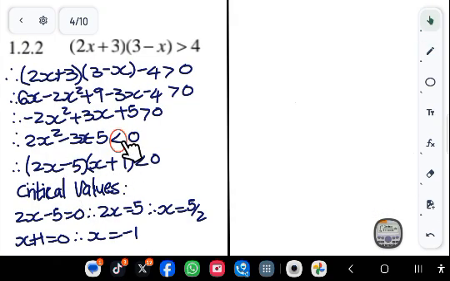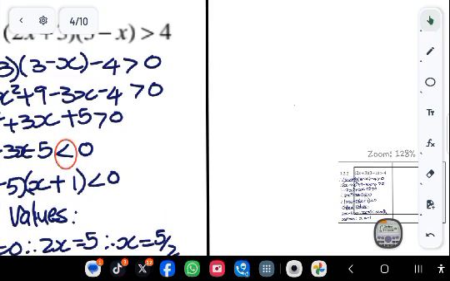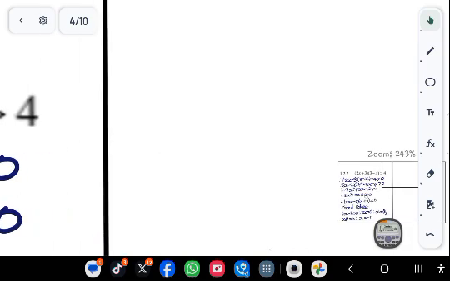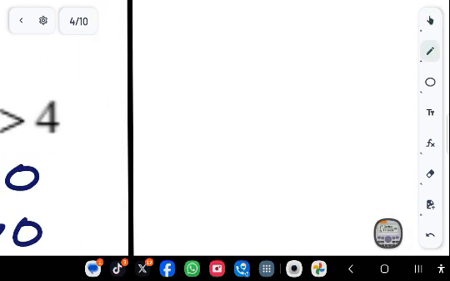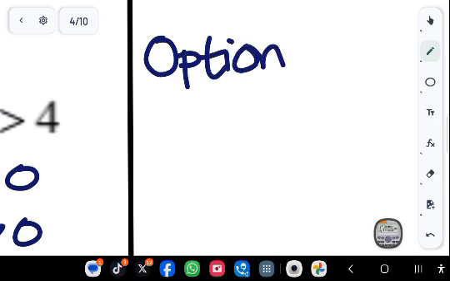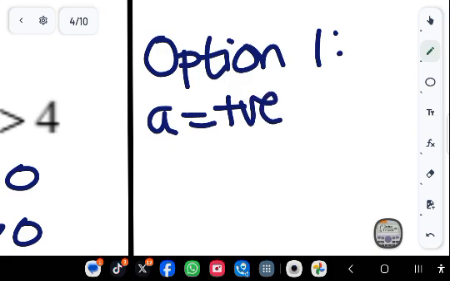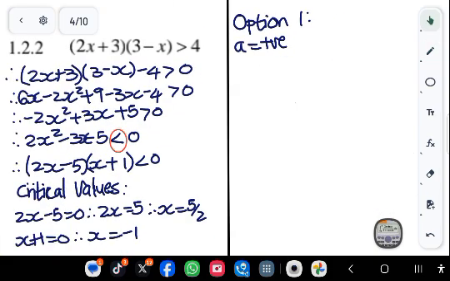Okay, the first scenario we're going to use is where we have a positive a. In other words, this scenario when it's less than. Option 1 or case 1, this is when A is positive, meaning that the arms look up.